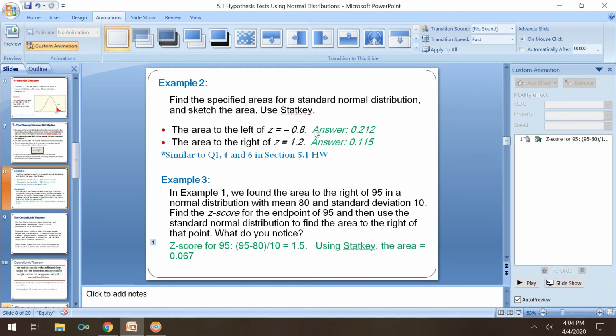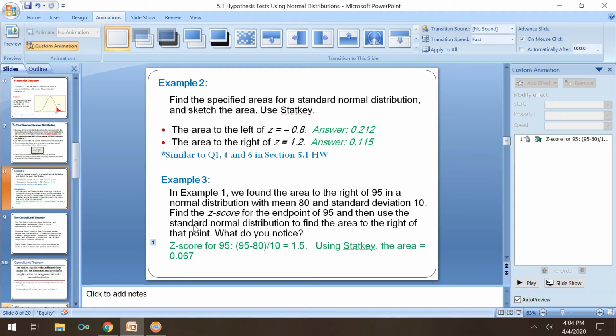Okay, let's look at example 3. Example 3 will tie example 1 and example 2 together. So in example 1, we found the area to the right of 95 in a normal distribution with mean 80 and standard deviation 10. This time, they need us to find the z-score first for 95 and then use the standard normal distribution to find the area.